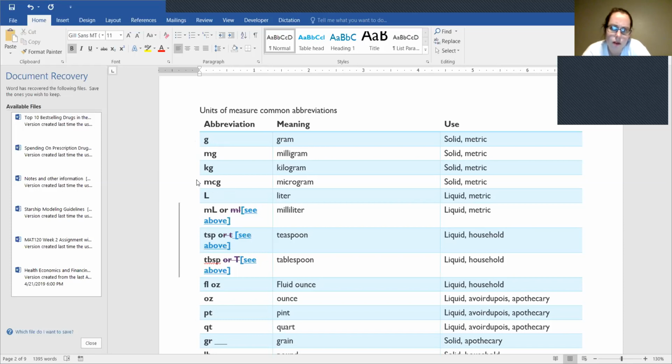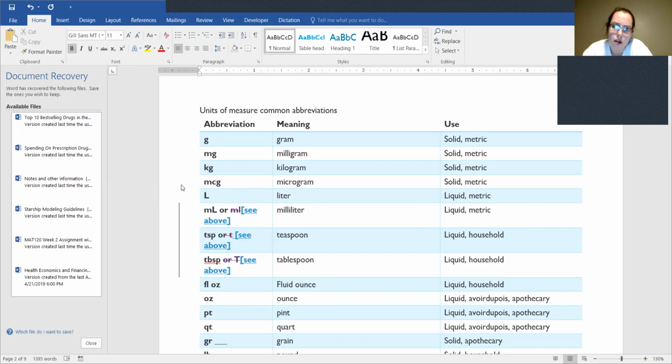Some common drugs you'll see dosed in micrograms are levothyroxine and digoxin, two of the most prescribed drugs in America. Levothyroxine is for thyroid disease. It's the most prescribed drug in the United States. Oh, wow. Yeah.